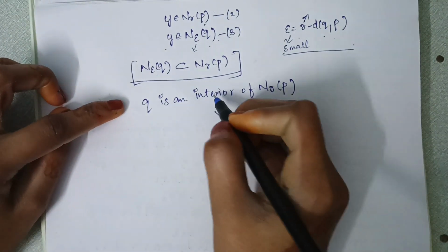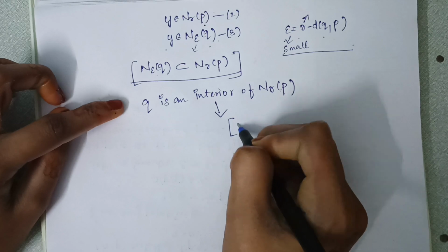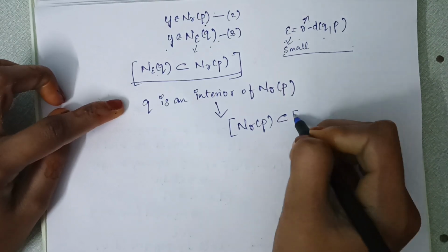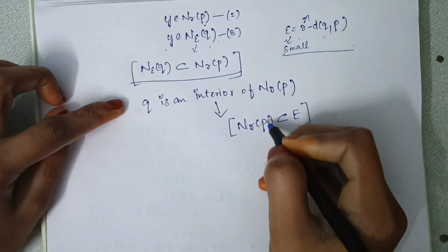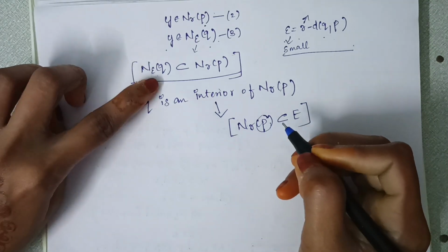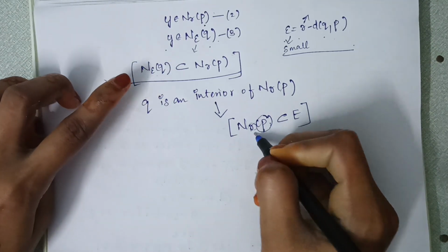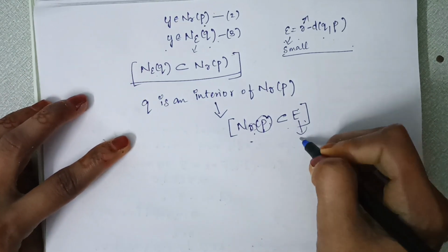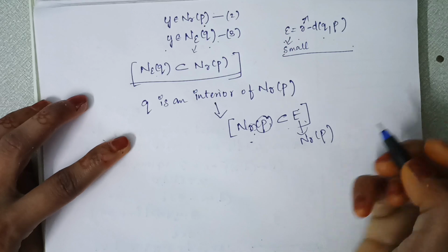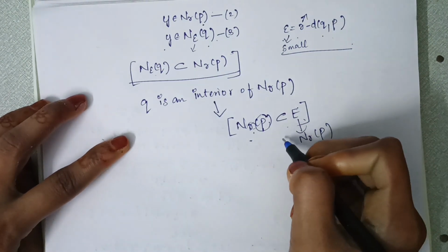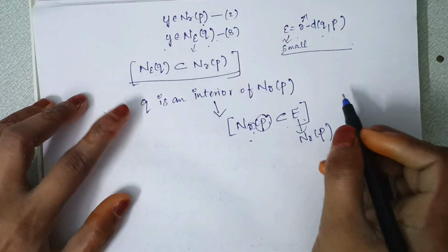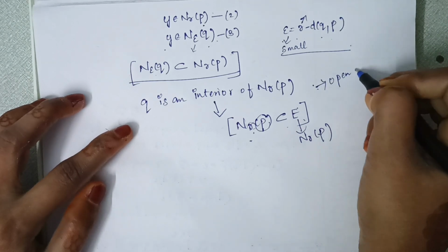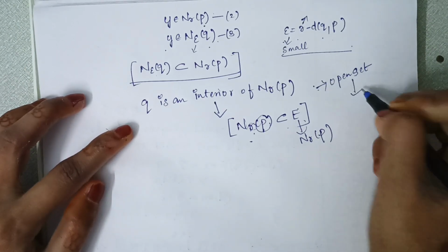The main thing about an interior point is that we need to show that the neighborhood of the point should be a subset of E, right? Here, instead of P we have the point Q, and instead of radius r we have epsilon, a subset of E, where E is NR of P only, as we considered above. And we need to prove that it is an open set, right? Every neighborhood is an open set. What is the definition of an open set?